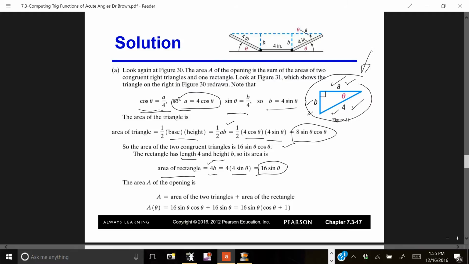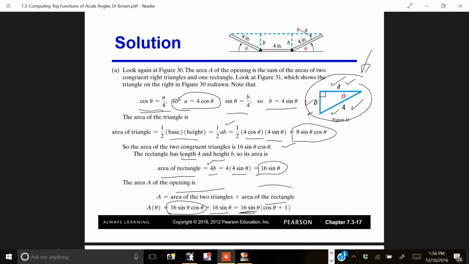So the area of the opening of the gutter is the area of two triangles, which is 16 sine theta cosine theta, plus the area of the rectangle, which is 16 sine theta. Notice we can factor 16 sine theta out, and the total would equal 16 sine of theta times cosine of theta plus 1.